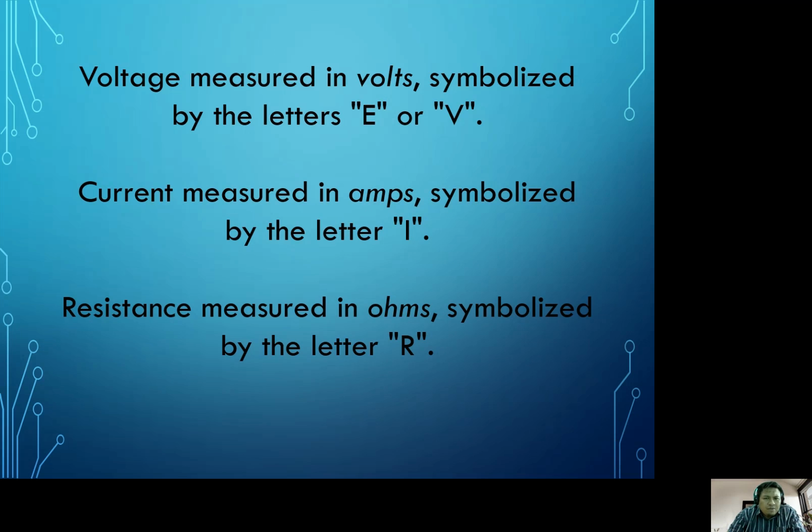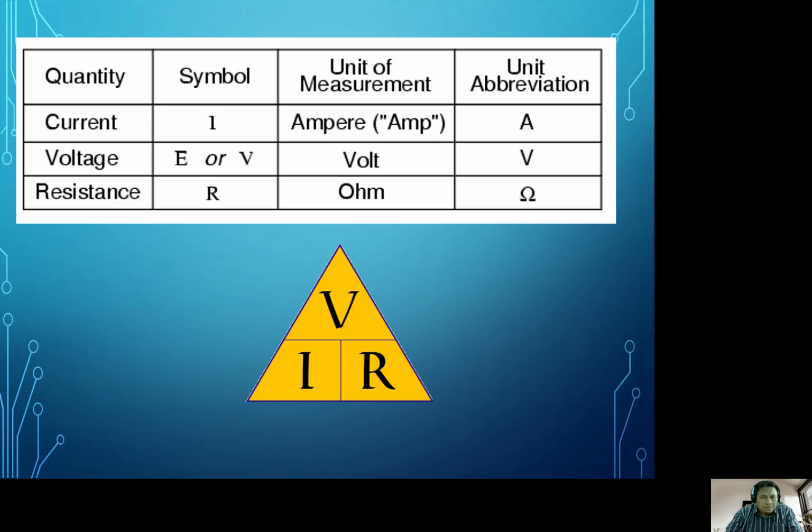Voltage is measured in volts, symbolized by the letter E or V. Current is measured in amps, symbolized by the letter I. Resistance is measured in ohms, symbolized by the letter R. So you can see in the chart: quantity, symbol, unit of measurement, unit abbreviation.